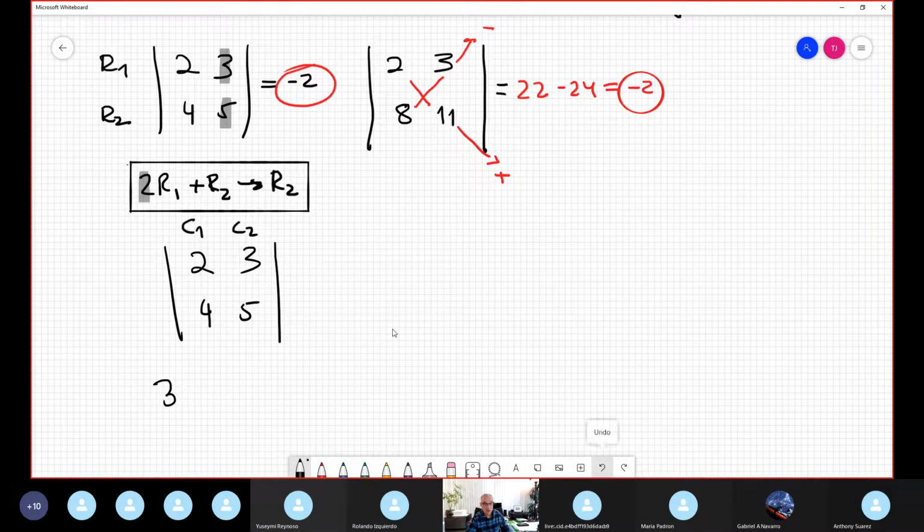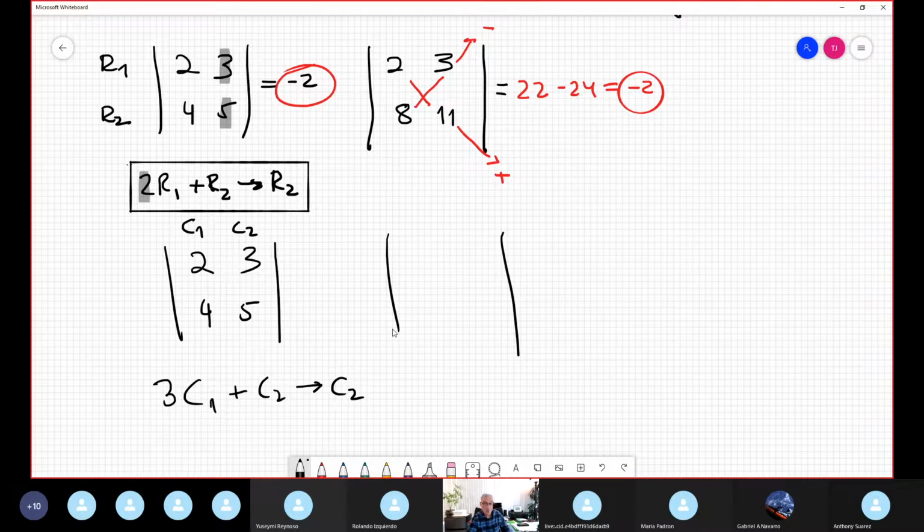So I change the factor. The factor is not 2, it's 3. Okay, column 1 plus column 2 stored in column 2. So the new determinant is, well, the only column that changes is column 2. The 3, 5 say goodbye.